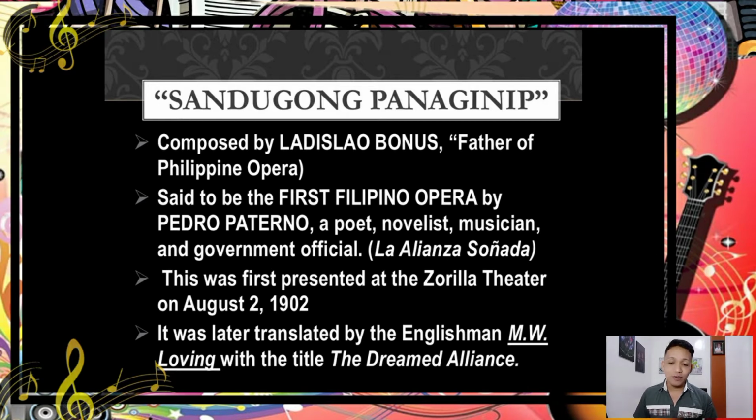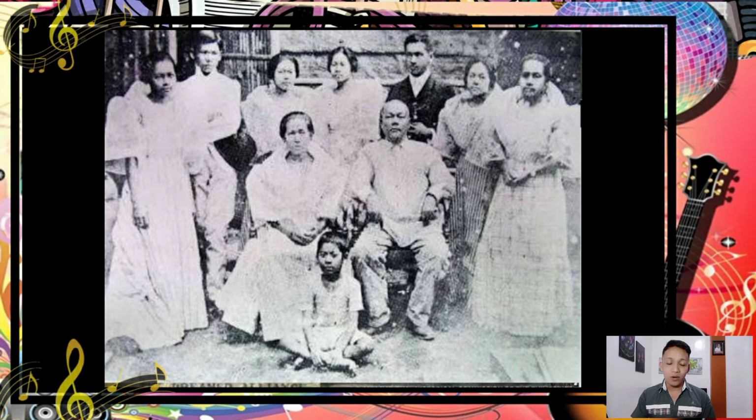This opera was first presented at the Zorilla Theater on August 2, 1902, and it was later translated by the Englishman M.W. Loving with the title The Dreamed Alliance. So here are the casts or the singers of the said opera.